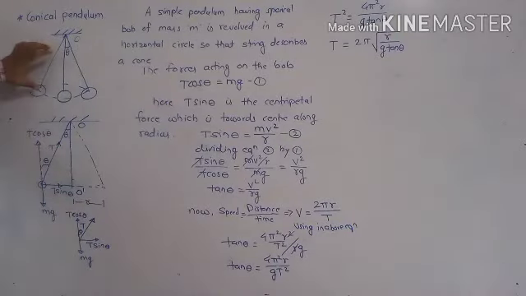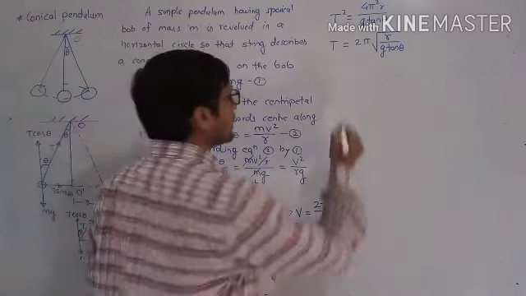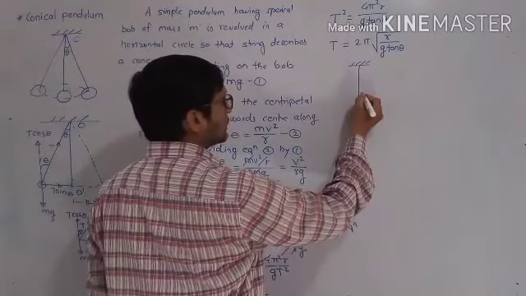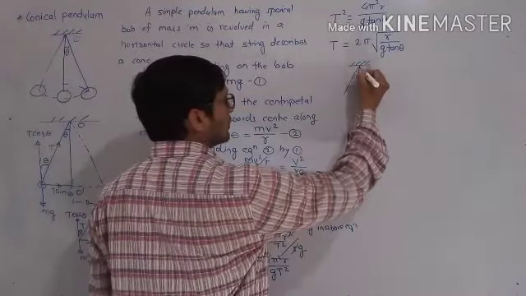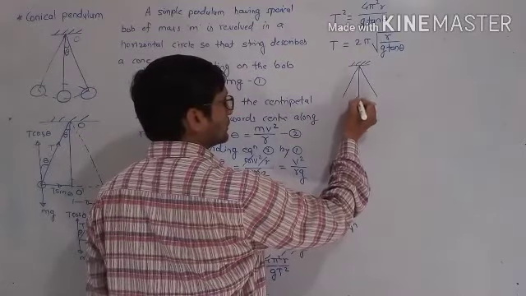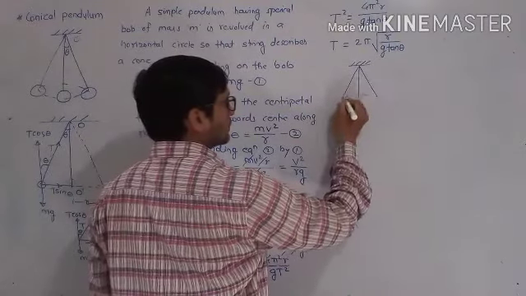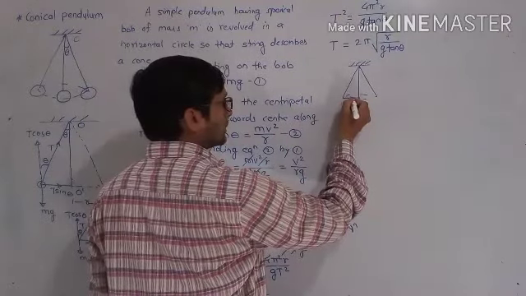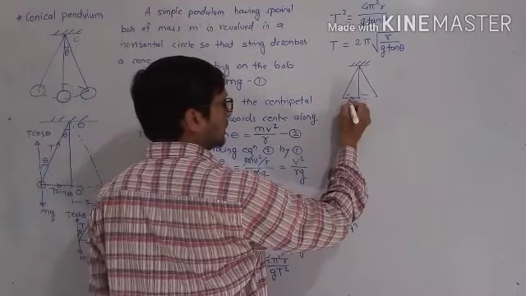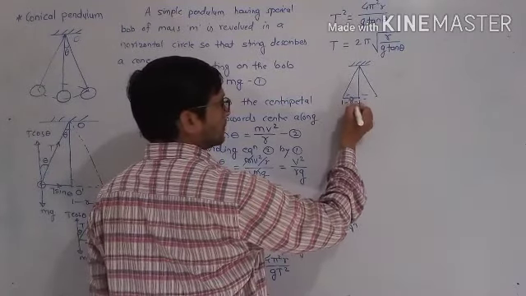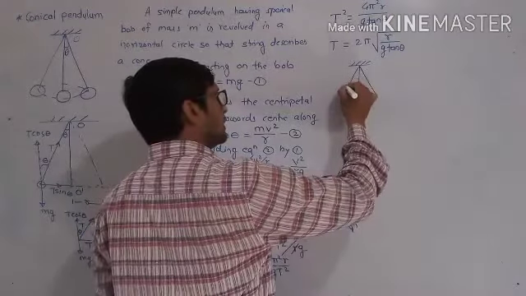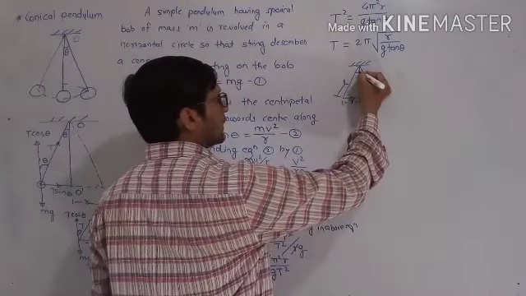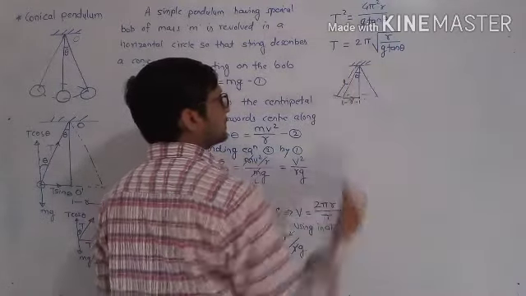Now we'll draw a separate diagram again. For that you will get a clear idea of which term I am using here. Now this is the radius r. This is the length of the string L. This is theta, the angle.